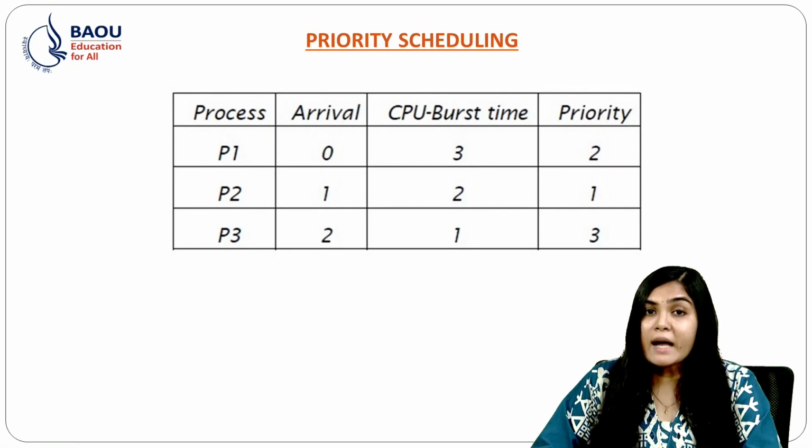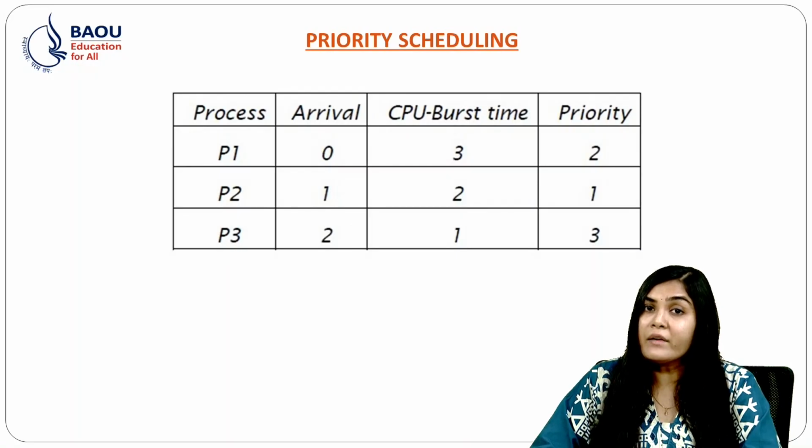So at time 2 second, what will happen? There are 3 jobs in the system. Process P1 that arrived at second 0 has a 2 second job to be done with priority 2.